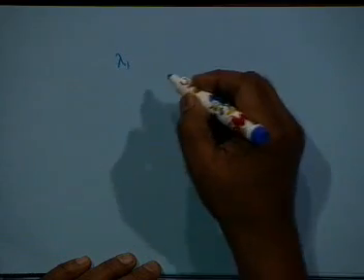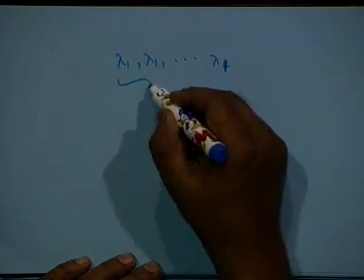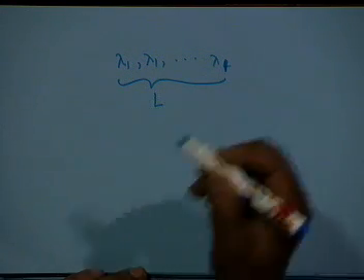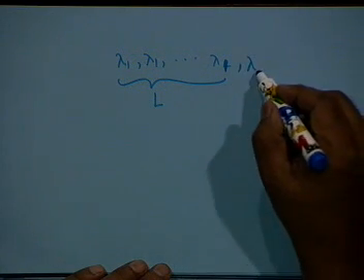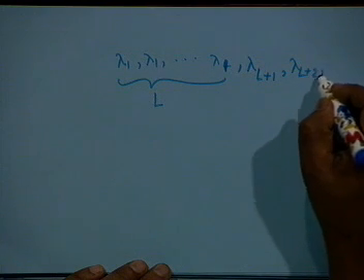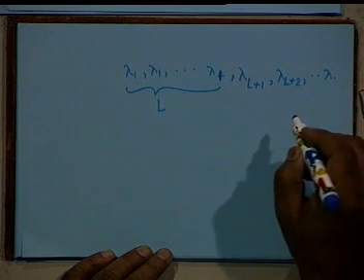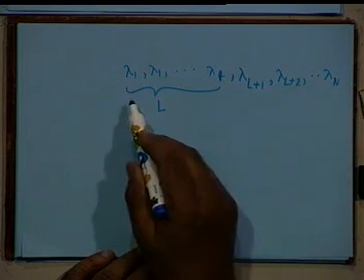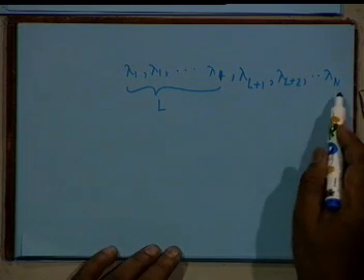Suppose in the nth order equation that we had, one of the roots, lambda 1, is repeated L times, and then you have lambda L plus 1, lambda L plus 2 up to lambda N. The total number is capital N. L of them are here. I start from L plus 1, so I go up to N.